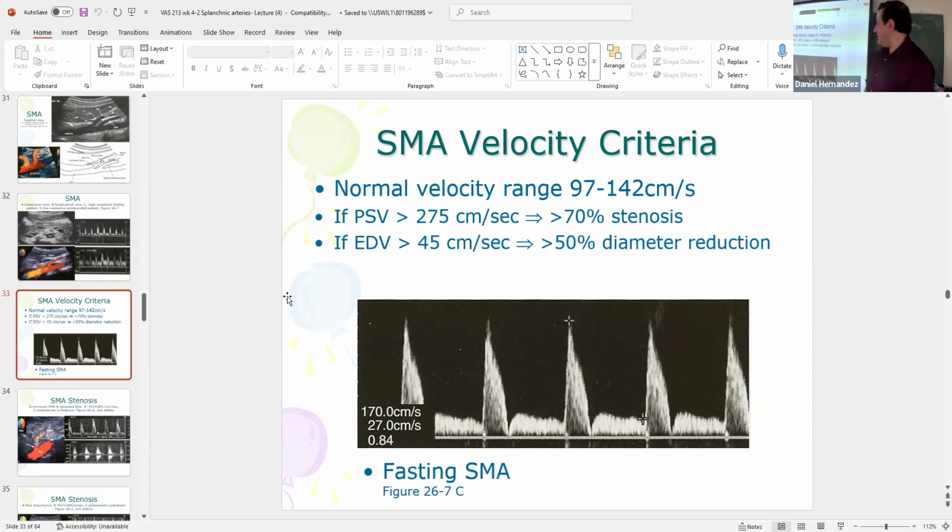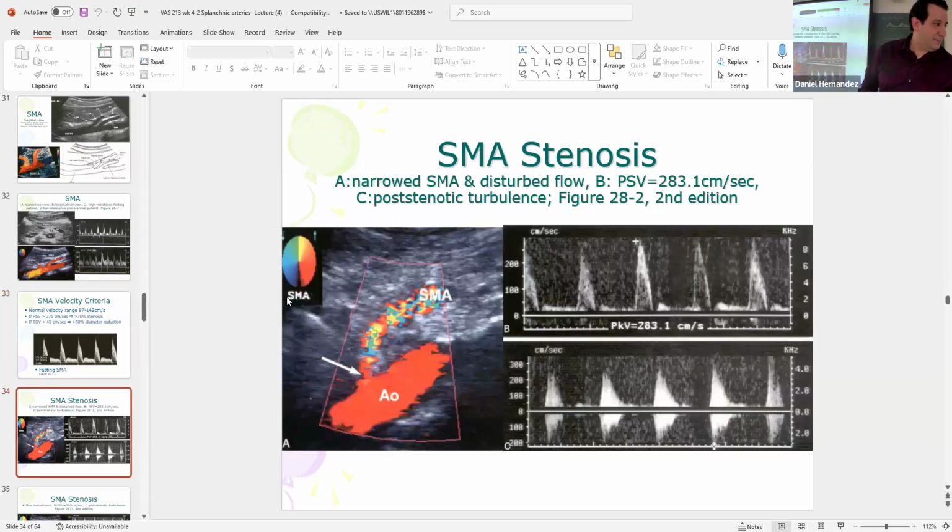And here we see a nice fasting SMA. Again, with any stenosis, when we put our color on, we look for narrowing, turbulence, blood flow, the aliasing within that. Here they measure peak systolic velocity 283. So again, that meets our criteria of being stenotic.